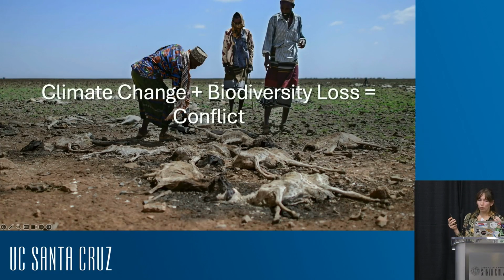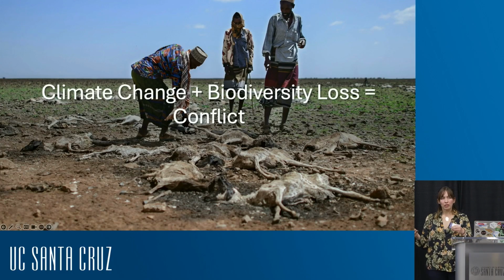And what happens when we lose biodiversity, whether it's in our food or in our landscapes outside of our gardens, is that when we lose biodiversity and we have climate change, we really exacerbate environmental conflict. This could be where you run out of water, you no longer have crops to farm, so you can't provide for your family.